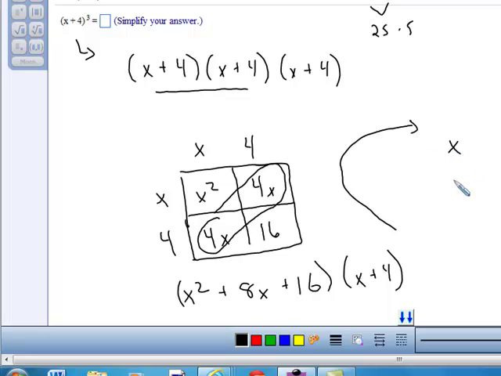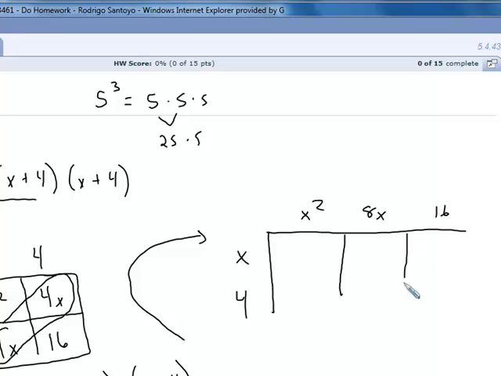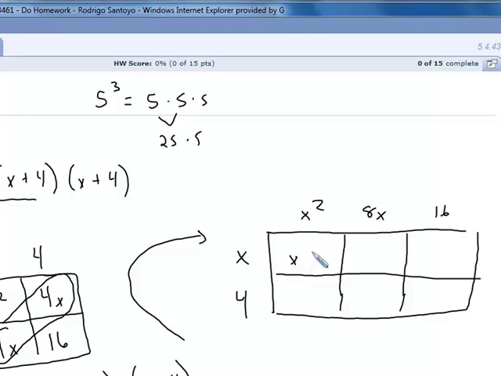Once again, we can go ahead and do this rectangular method again. Obviously, your other option is distributing as well, whatever you feel more comfortable with. What hits this box? That x and that x squared. Multiply those, get x cubed. What hits this one? That 8x and x gives me 8x squared.